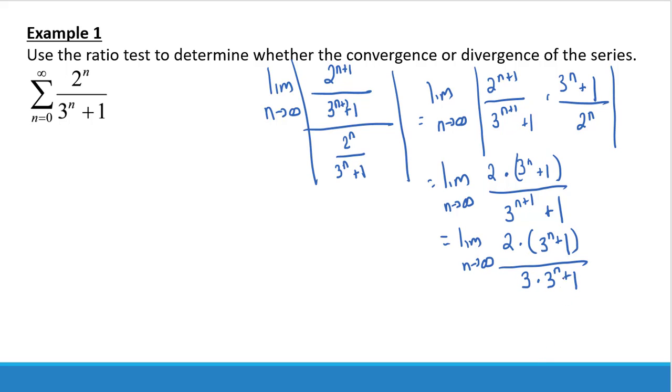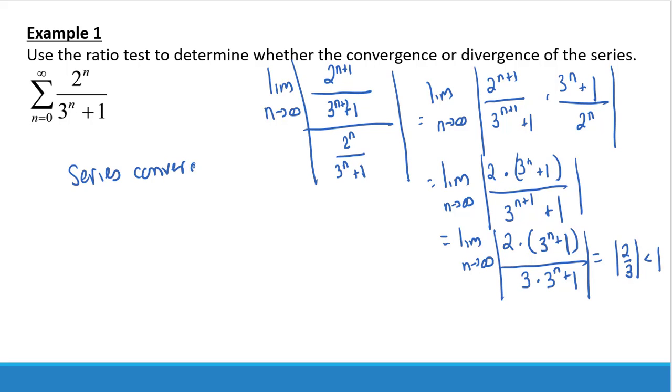This whole thing, oh, I forgot my absolute value signs, ends up being 2/3, which is less than 1. So therefore, this series converges by the ratio test.